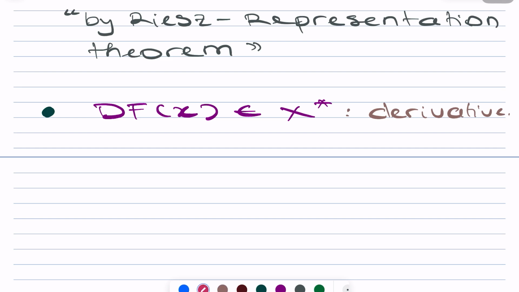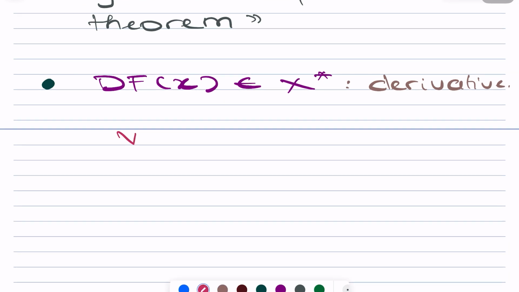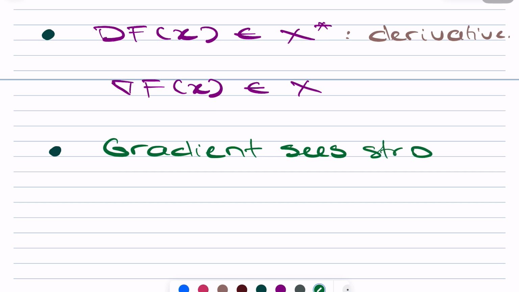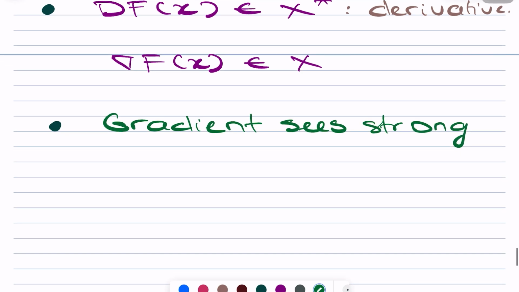But the gradient of f at x is an element of X, by the Riesz representation theorem. So what I want you to observe here is that the gradient lives in the strong topology on X, as being an element of X.